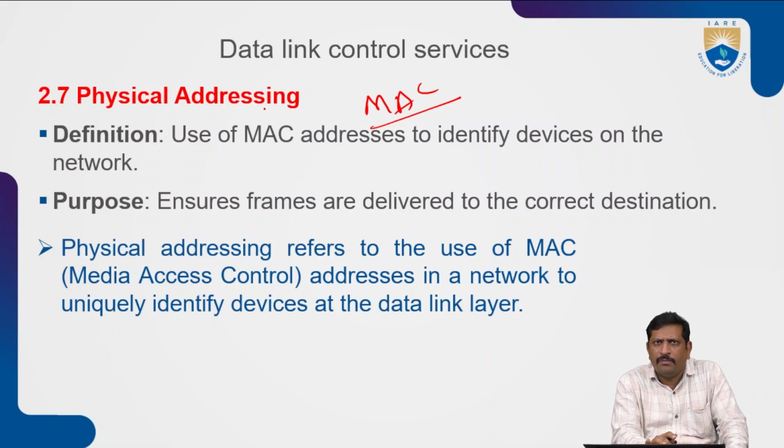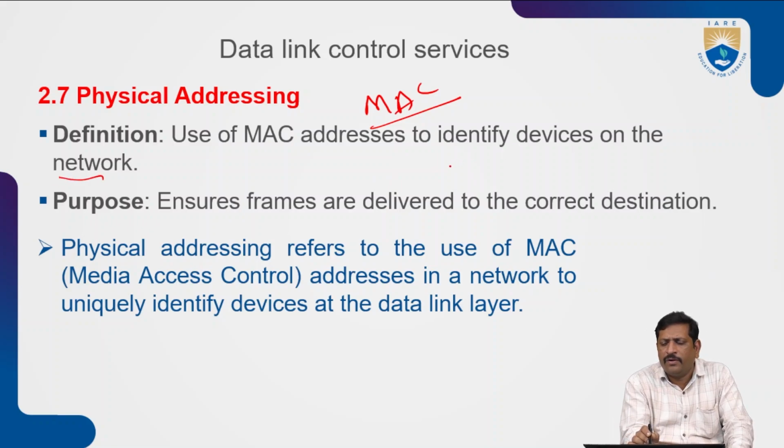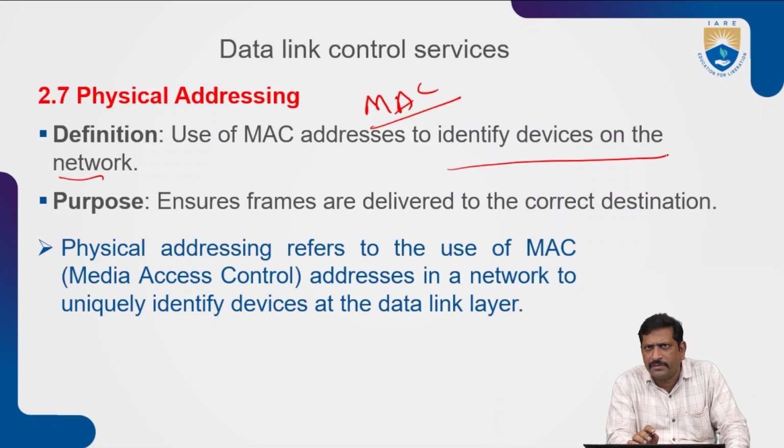By using this physical address, that means this MAC address, we can identify the device on a network. The purpose is to ensure that frames are delivered to the correct destination.